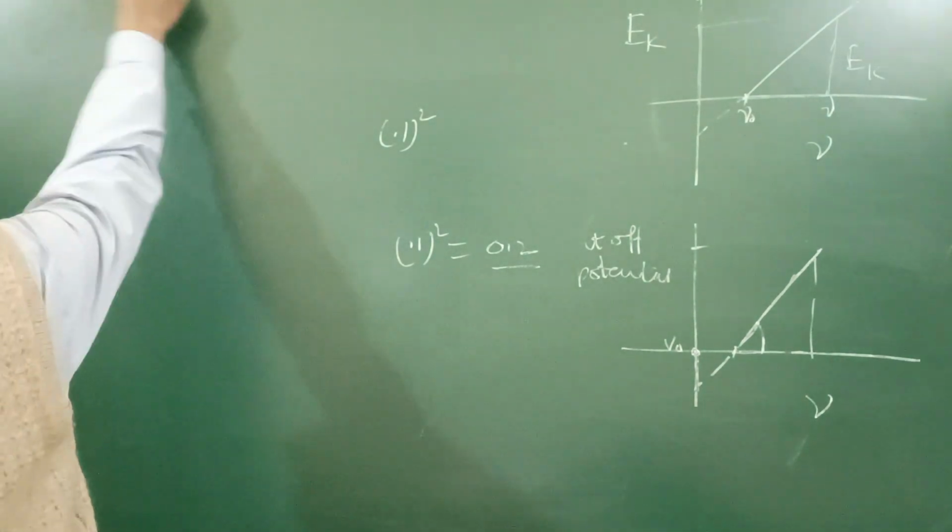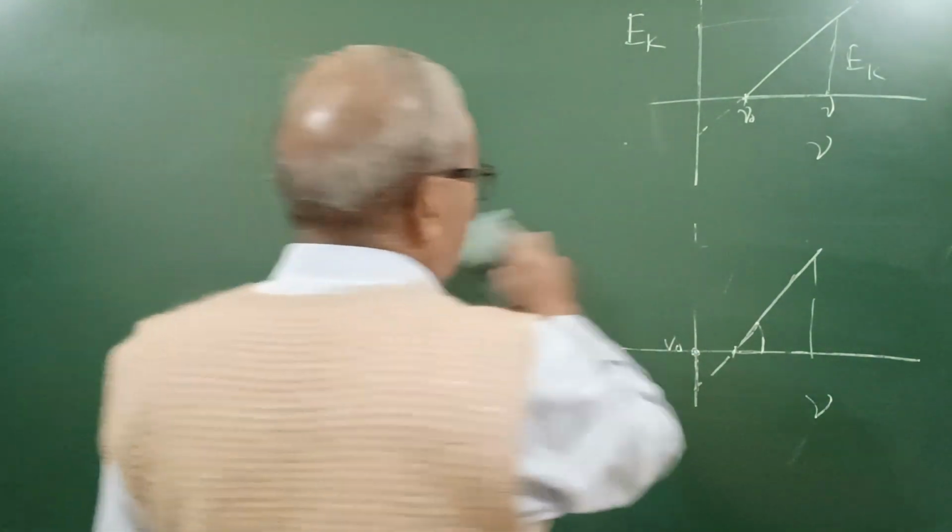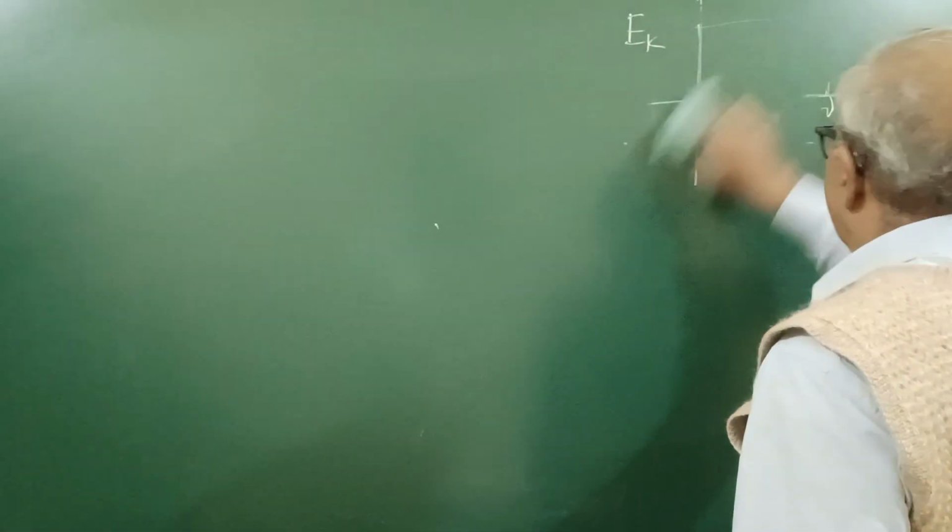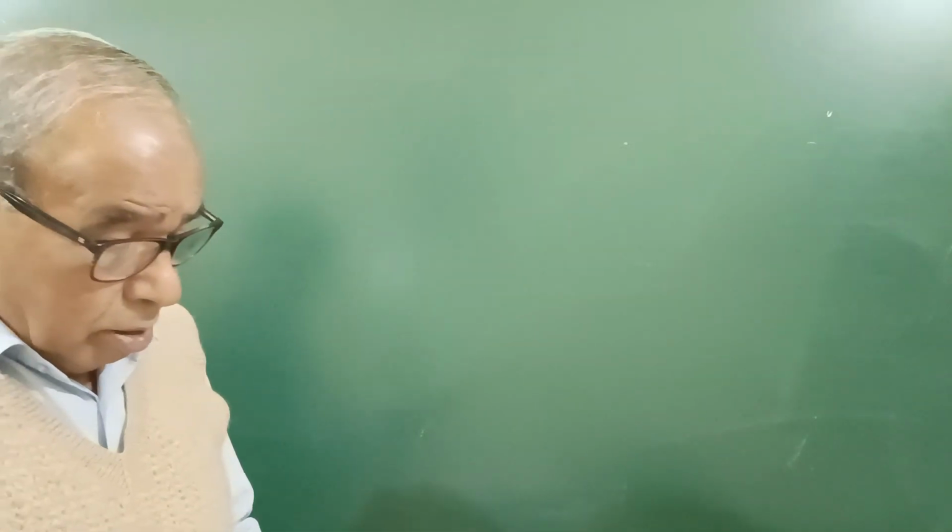I told you photoelectric effect takes place when high frequency radiation, ultraviolet or visible light, is incident on a metal surface, and not all radiation is able to give photoemission. Radiation below the critical frequency is not able to give photoemission, and the minimum energy required to take the electron out is measured in terms of critical frequency and work function.